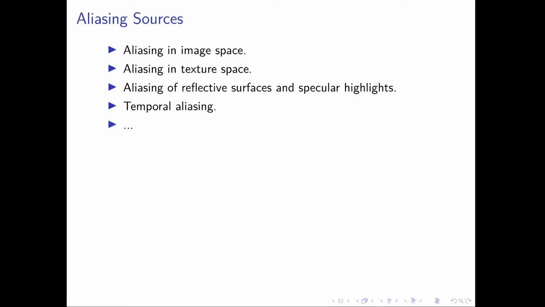Just assuming that we have an object that is so small that it only occupies a single pixel at most, when that object moves, depending on how we render it, it is possible that the object sometimes manifests as a single pixel and sometimes completely disappears and then manifests as a single pixel again just because it's so far away.